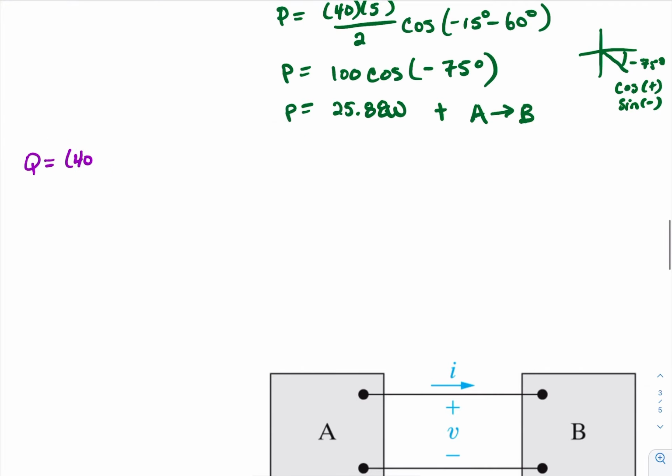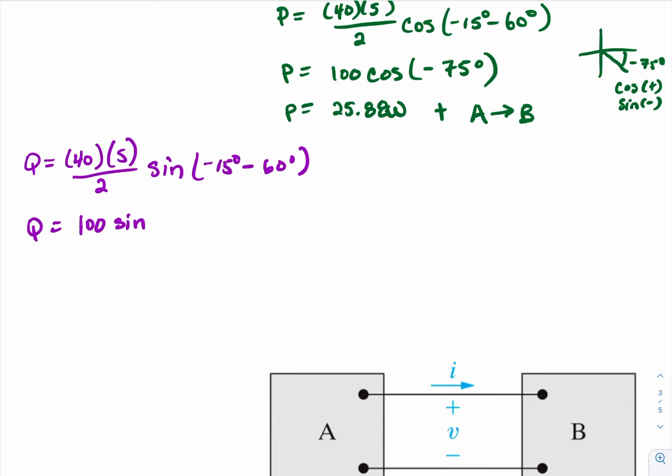So 40 times 5 divided by 2 times sine of theta sub v, which is minus 15 degrees, minus theta sub I, which is 60 degrees. So Q is equal to 100 sine minus 75 degrees, and we should get a negative value, and we do. It's minus 96.59 var.